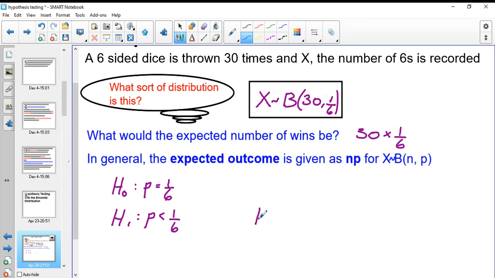So in that case, you might think, actually, it's not a fair dice either. We might think that there's a higher than 1/6 chance of getting a 6, and we would look to see if we can prove this. So that's what it's about. It's using information for binomial distribution.